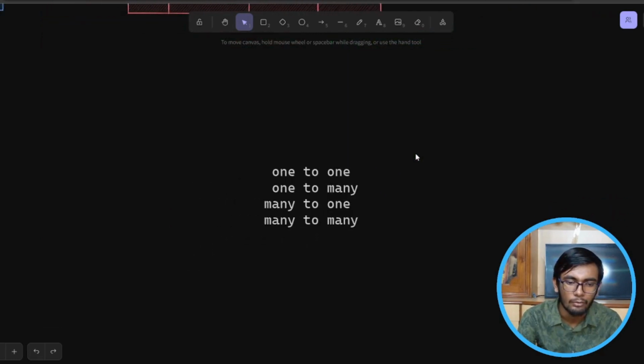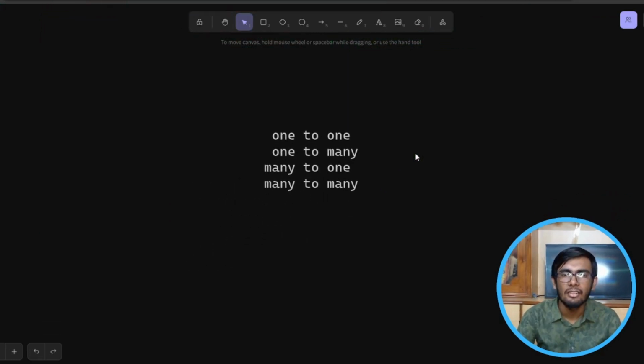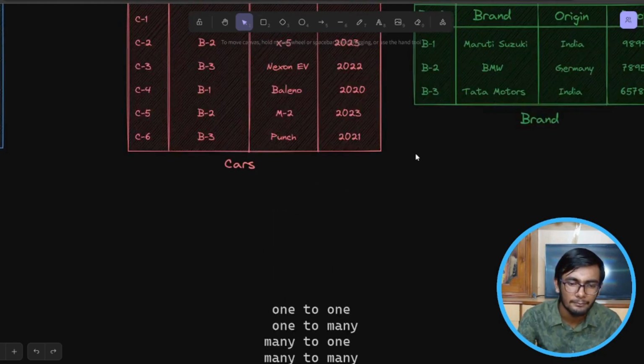Now, when you have understood relationship, let's move on to how many kinds of relationship are possible. At first we have one-to-one relationship. One-to-one relationship means that each record of one table is uniquely identified by another record of another table. Let's take an example.